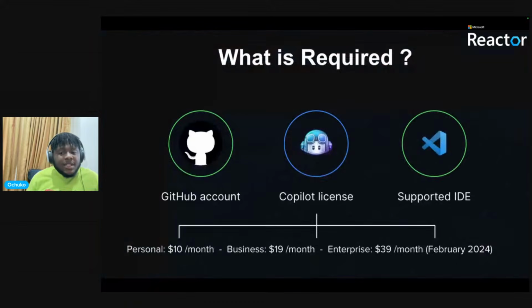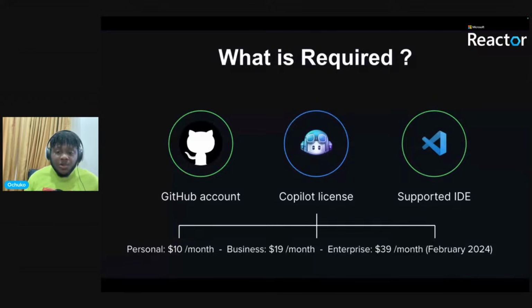So we have a bunch of things that are required. First of all, Copilot is owned by GitHub, so you need a GitHub account, which is going to be used for your authentication, so we can know who you are through your GitHub profile. The next thing you need is a Copilot license. You can easily get this on github.com as well. And then the final thing you need is a supported IDE.